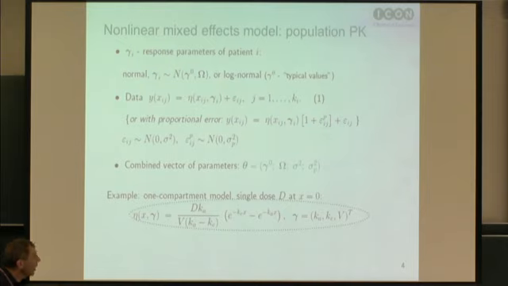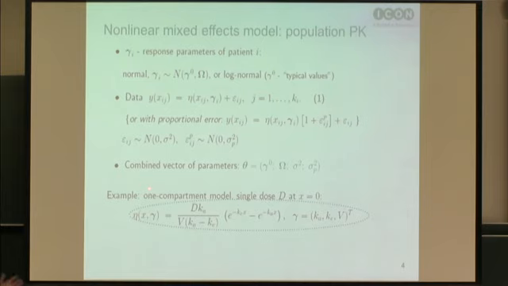And this is a rather standard model for PK/PD, the nonlinear mixed effects model. We are interested in the estimation of the combined vector of parameters, which are population means, the population variance-covariance matrix, and the variance of the additive error, or also sometimes the variance of the proportional error.